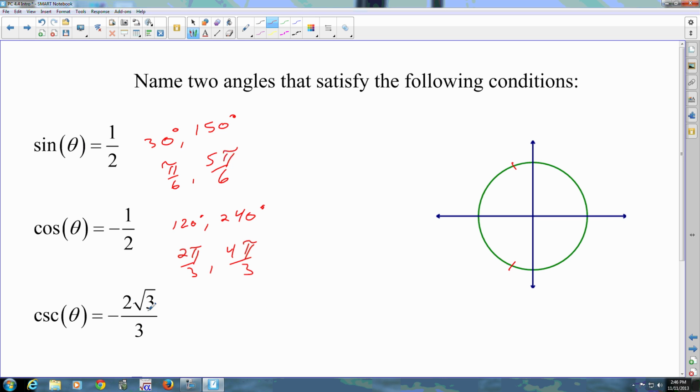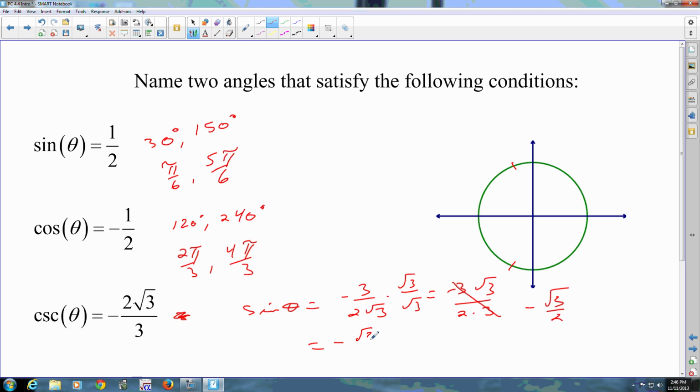Cosecant is this. I have no clue where that is, so I'm going to cash it in for sine. So sine of theta is equal to negative 3 over 2 square roots of 3. So that equals, if I rationalize it, times square root of 3 over square root of 3. So that would be negative 3 square roots of 3 over 2 times 3. So those cancel. Negative square root of 3 over 2.